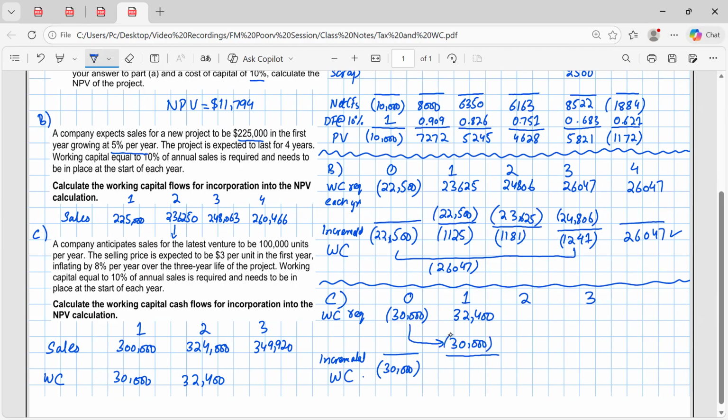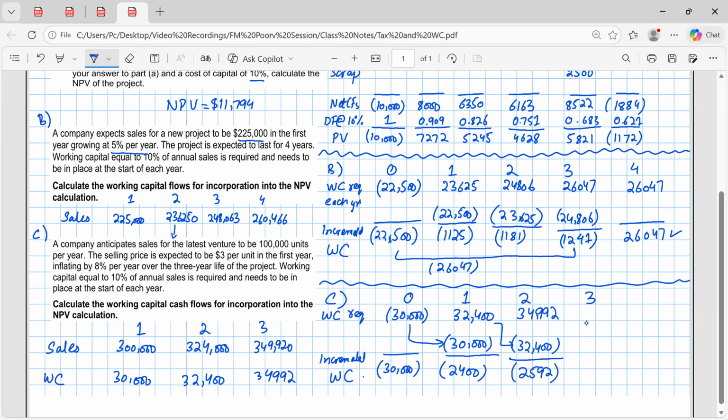So the additional amount that we need to invest in working capital would be 2,400. For year two, what will be the requirement? 34,992. And the recovery will be of the last year, 32,400. So what is the additional amount that you need to put in the working capital? 2,592.